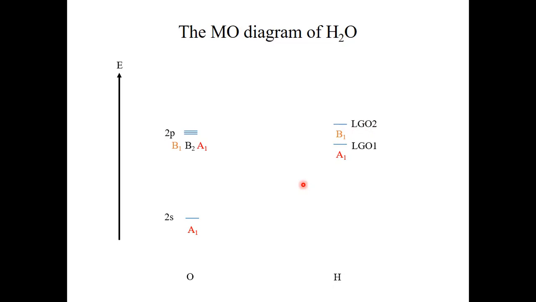Of course, it's possible to calculate their energy exactly quantum mechanically, but we will do only a qualitative molecular orbital diagram construction here, in which we just make estimates of expected energies.